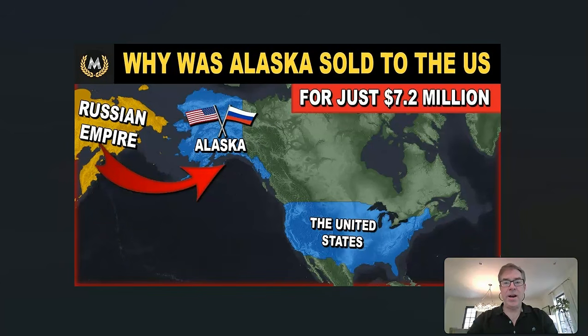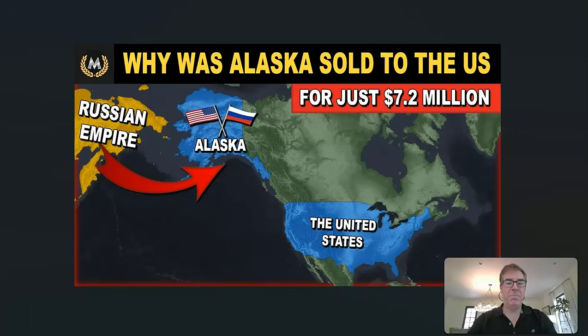And so this area of the Northwest, this Northwest Passage, if you will, was sold by Russia to the United States in 1867, I believe, but in the 19th century for $7.2 million. It was called Seward's Folly because it was described as just wasteland, but we know otherwise now that it has an incredible amount of resources there.